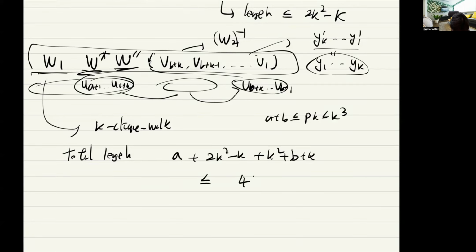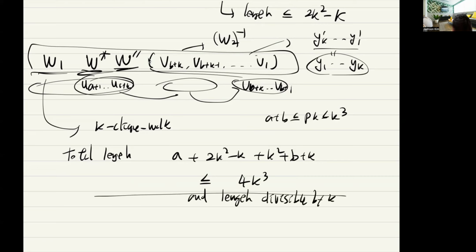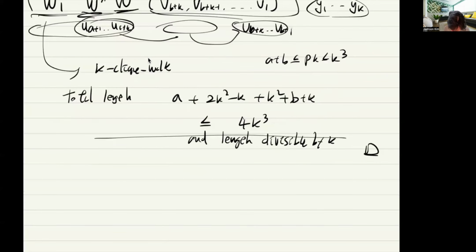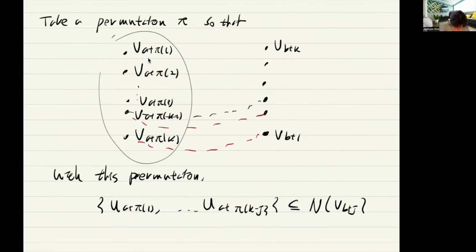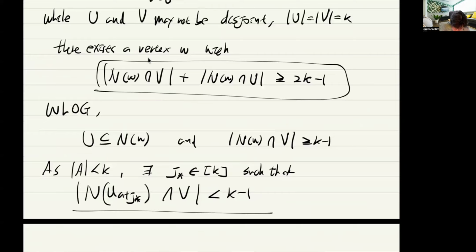So in any way, it's M times 4 times k cubed. And the length is divisible by k. Every one of them, when we are constructing them, the length is divisible by k. Okay, so now we have proved this connection lemma.